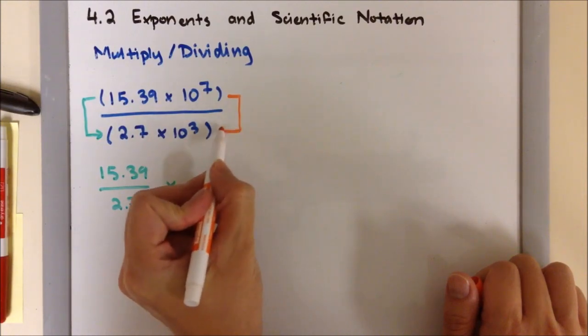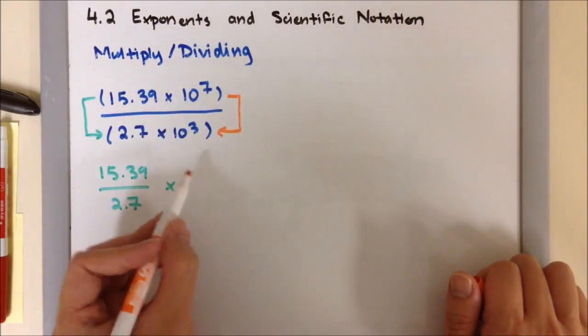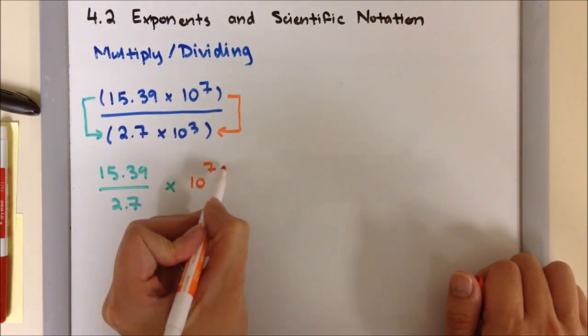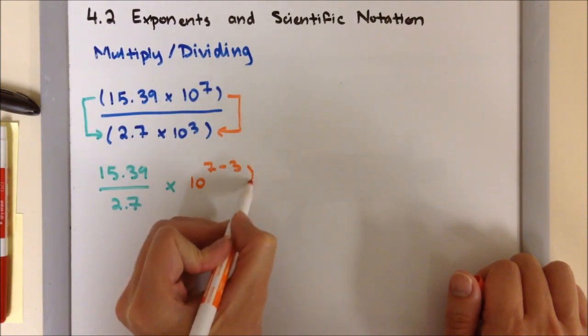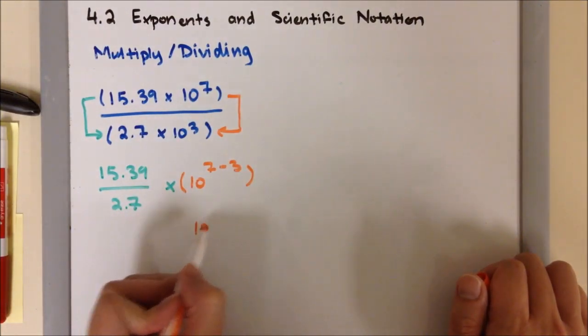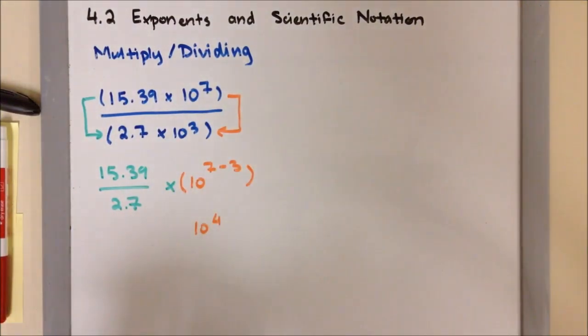Now, the law of exponents with division is going to be 10 top minus bottom, so 7 minus 3. That would be basically 10 to the 4th power.